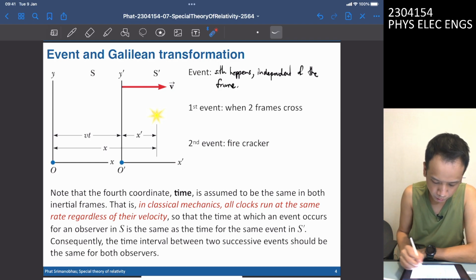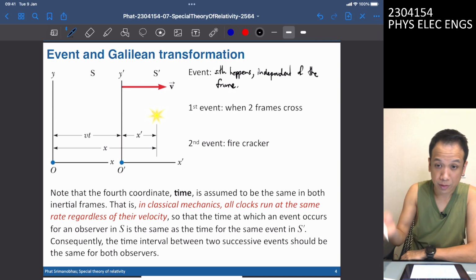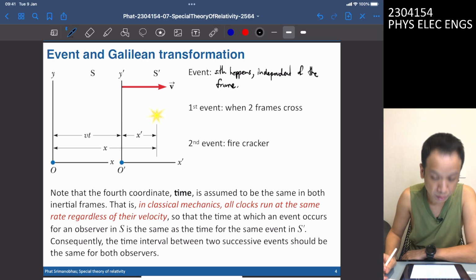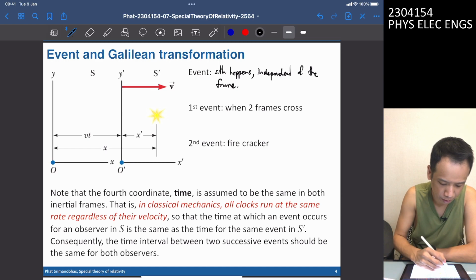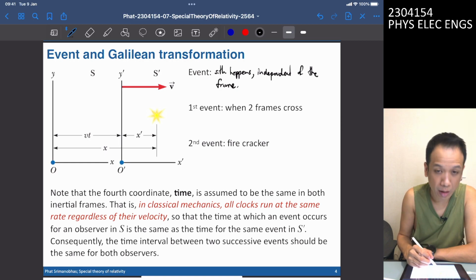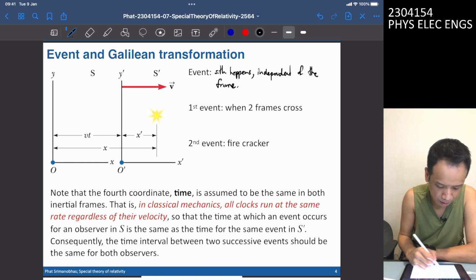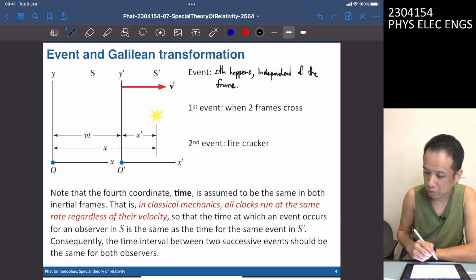Then we have two events. The first event, we set it when two frames cross each other. You start with the S frame, which is at rest, let's say, and the S prime frame that is moving with a constant velocity v along the x direction.